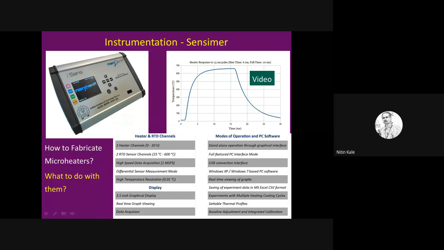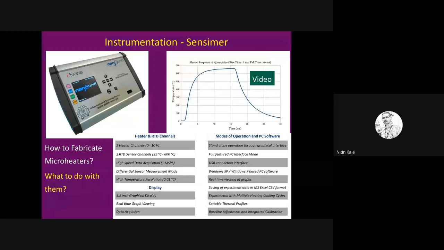At this part, you can fit the micro heater PCB. You make the connections with the connectors and the micro heaters, and you can fit it here. What this instrument does is it applies excitation to the micro heater and it measures the temperature of the thermometer, which is the other platinum coil.